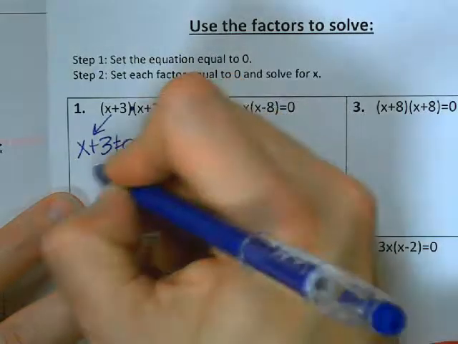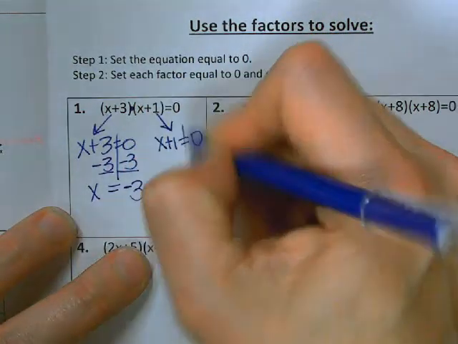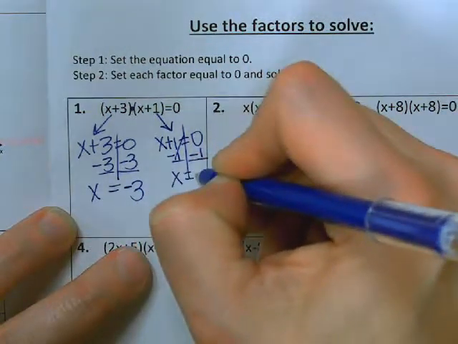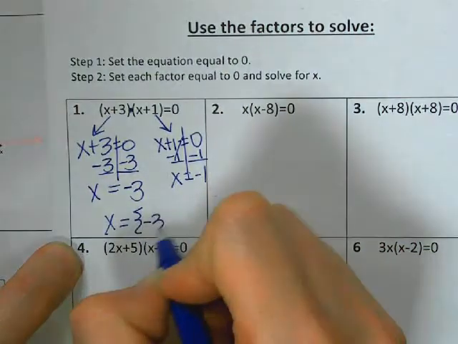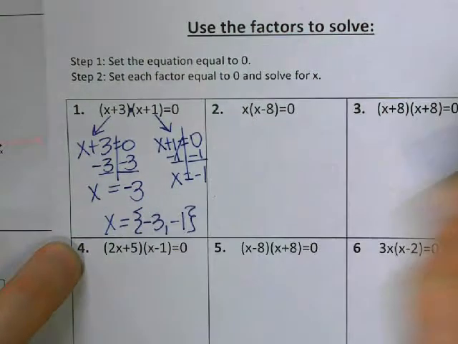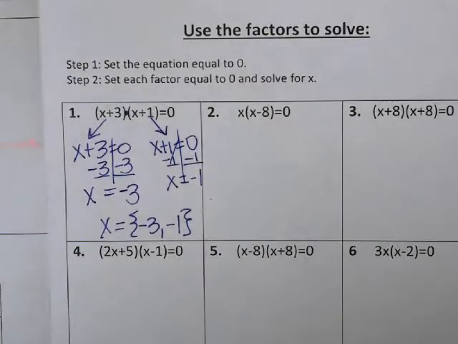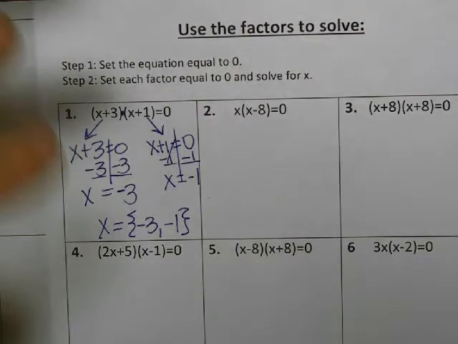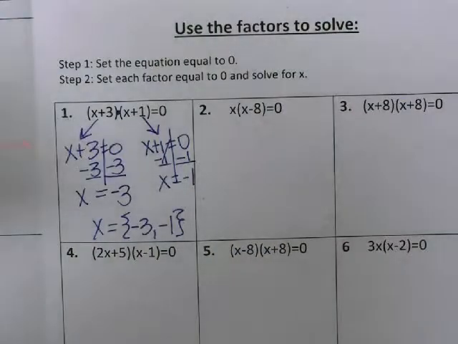For x plus 3 equals 0, we subtract 3 from both sides: x equals negative 3. Here we subtract 1 from each side and get x equals negative 1. So my solutions are x equals negative 3 and also negative 1. And we have to put the little squigglies here to represent a set of numbers. Okay? So you just take each of these factors and you set them equal to 0.